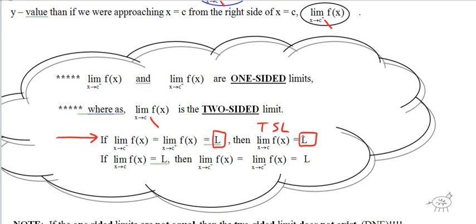The same thing can be said the other way: if the two-sided limit is equal to L, then you can automatically tell me that the one-sided limits are both equal to L. If I give you the one-sided limits and they're equal, that's what the two-sided limit is. If I tell you what the two-sided limit is, you can tell me that's what the one-sided limits are. But they have to be equal.